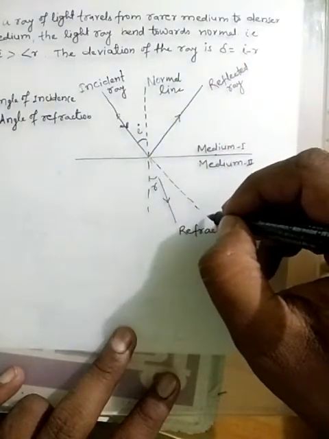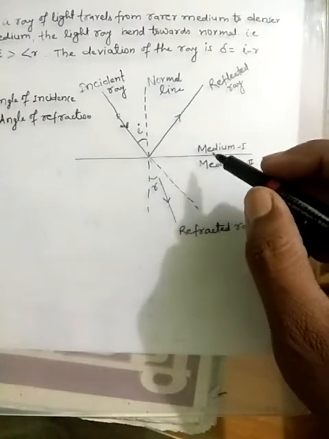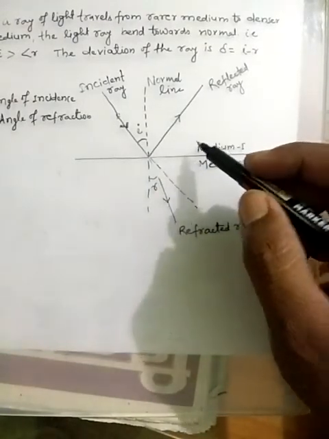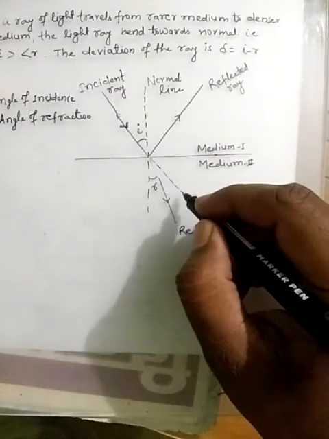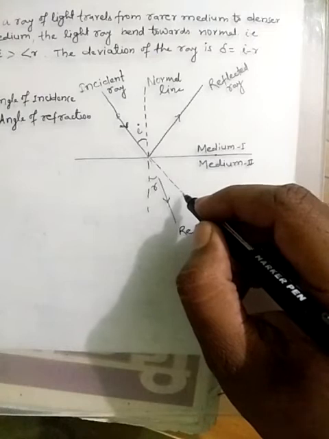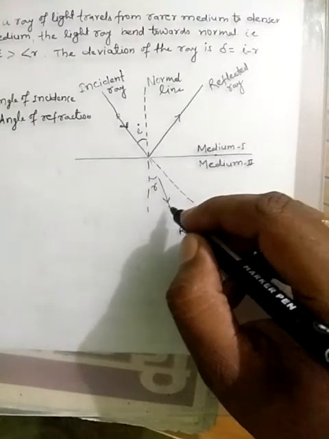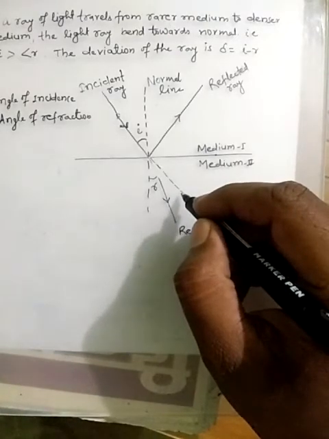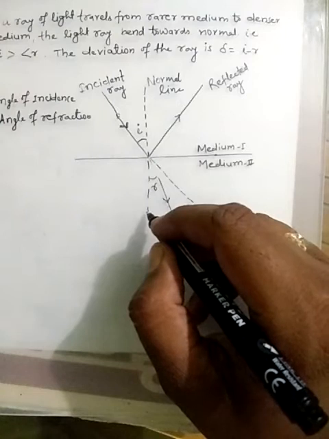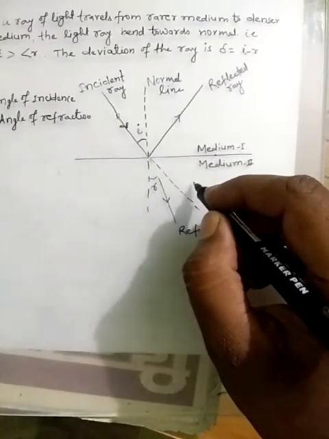This is the actual path of the light ray. But if the light rays travel from one medium to another medium, the direction of the path of light is deviated from its normal path. It may be towards the normal or away from the normal.